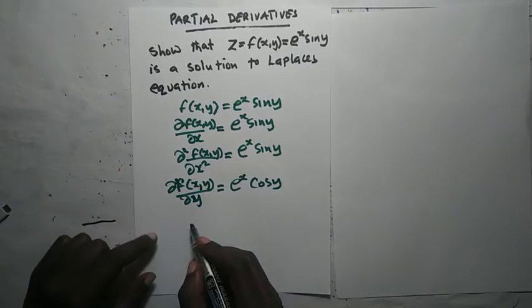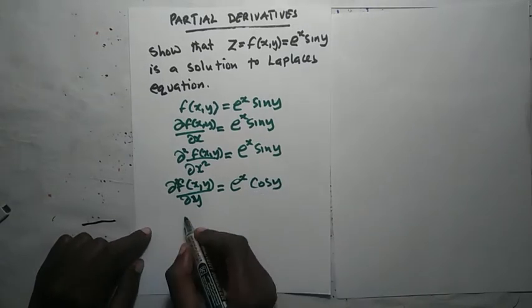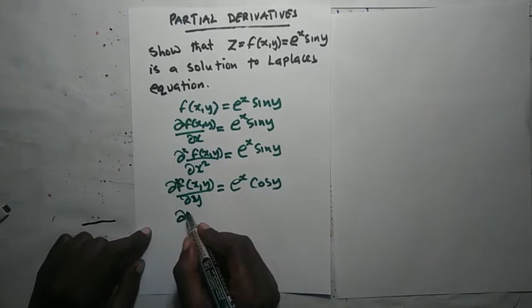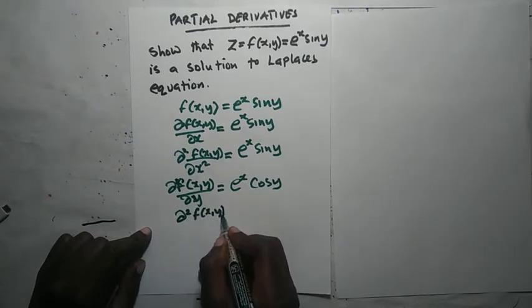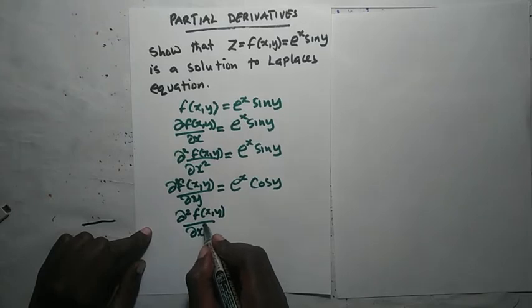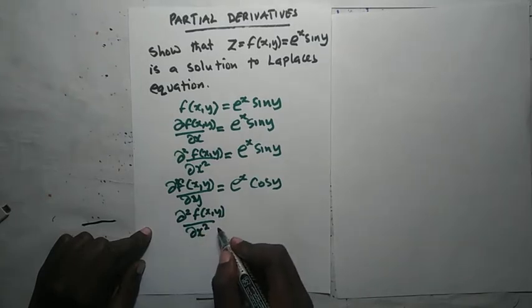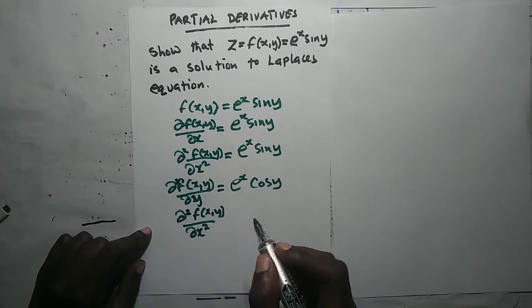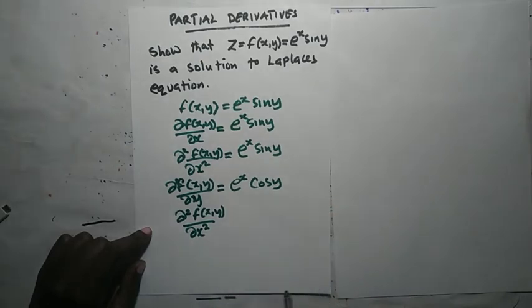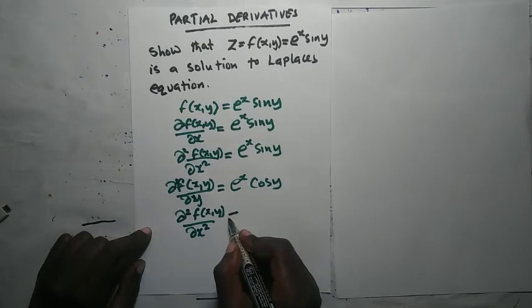And then we are going to differentiate it again. We'll find the partial derivative again. So d2 f(x, y) over dy2, this is the second order partial derivative. So you differentiate a function partially, and then you differentiate it again partially, and you have a second order partial derivative.